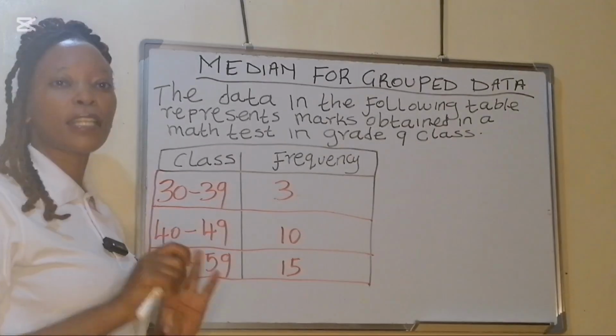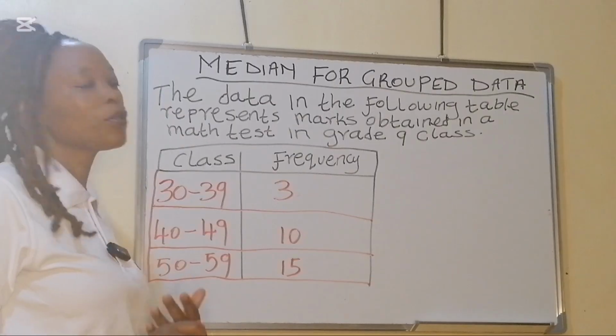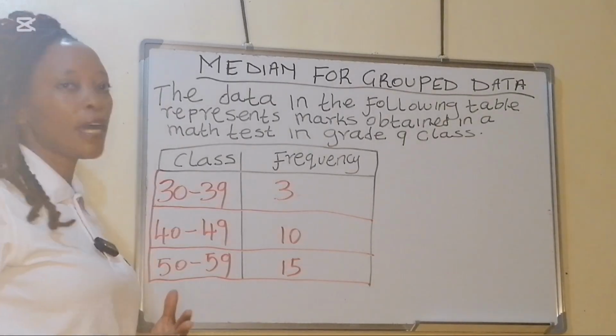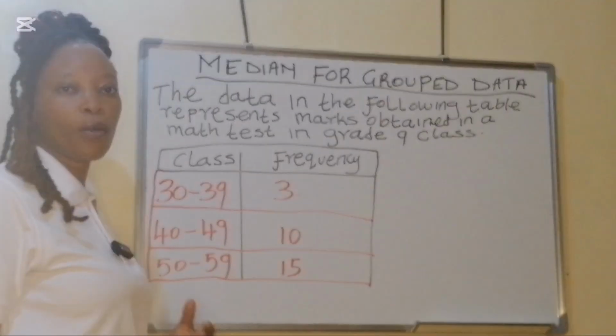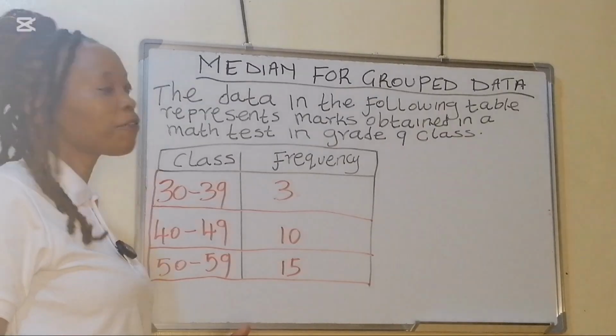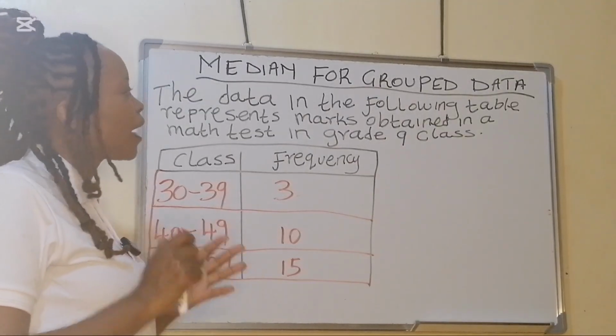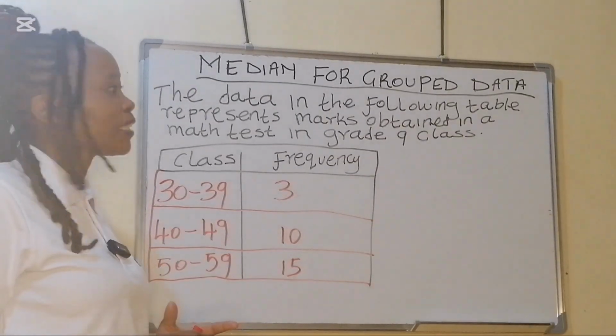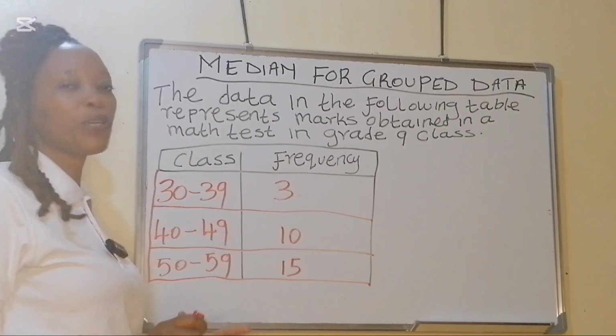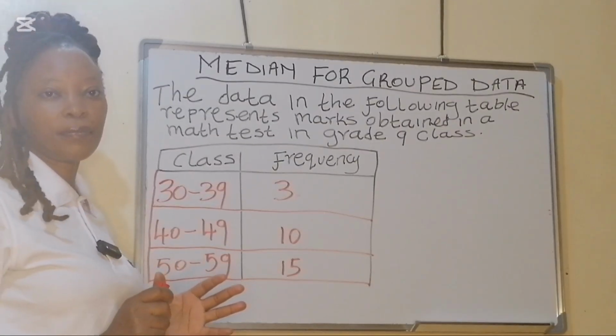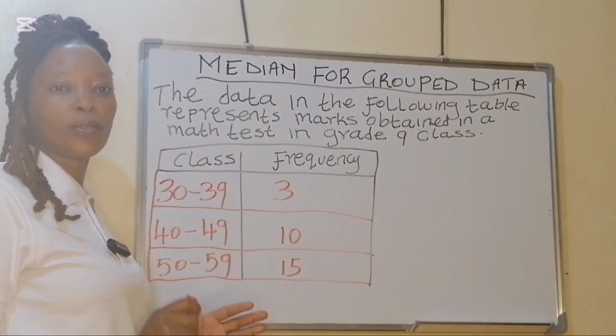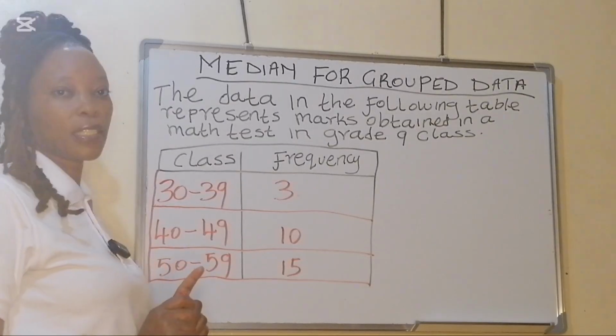You have to know the steps, what you need to calculate median for grouped data. The first thing I want to help you calculate is cumulative frequency. Most students don't know how to calculate cumulative frequency.